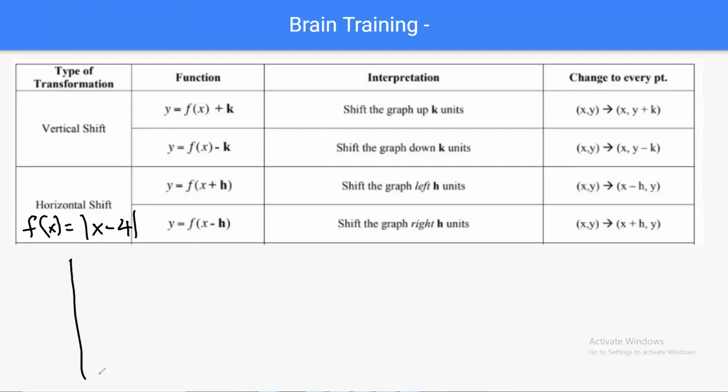I'm going to put my parent points back up here. -2, 2, 1, -1, 1, 0, 0, 1, 1, 2, 2. X, y, and then f of x equals absolute value of x.